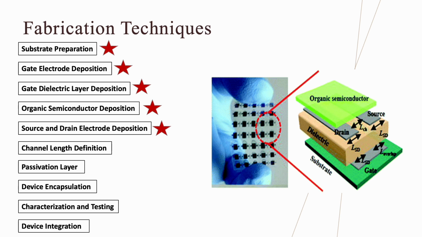Then we go into the second topic, which is the fabrication. Here lists the general fabrication process. And we want to talk about the top 5 items, which are the substrate selection and the deposition, involving the gate electrode, gate dielectric layer, organic semiconductor, and source and drain electrode.